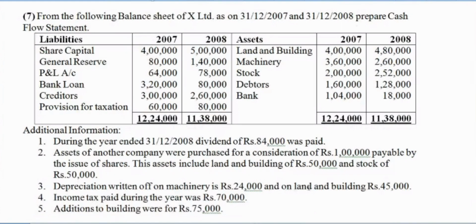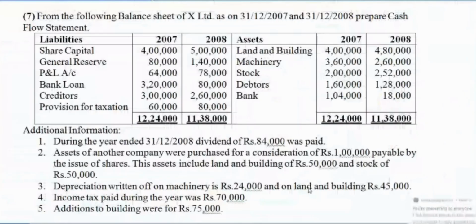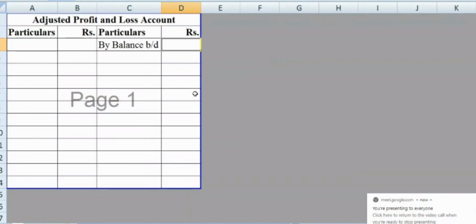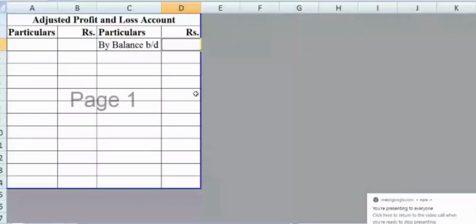First of all, as usual, we need to prepare the adjusted profit and loss account. So the adjusted profit and loss account is ready. On the credit side, what do we need to write? By balance brought down. What is the opening balance? 64,000.